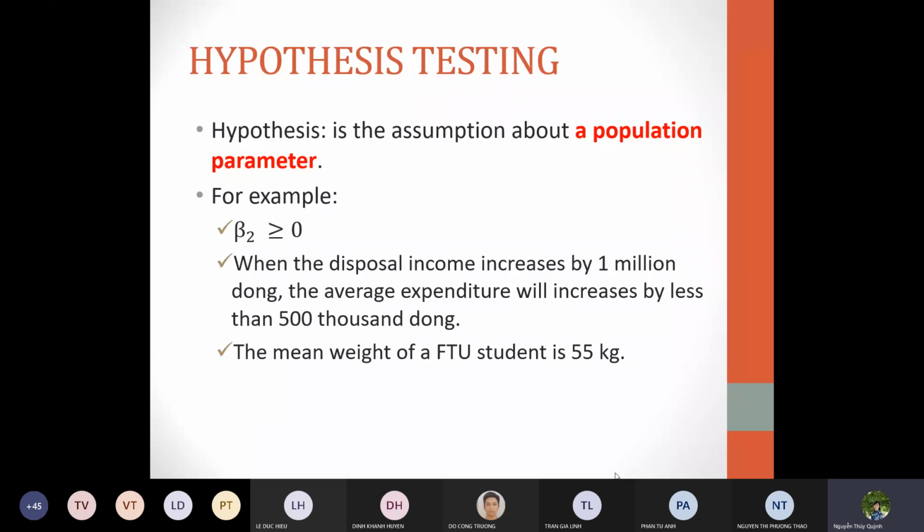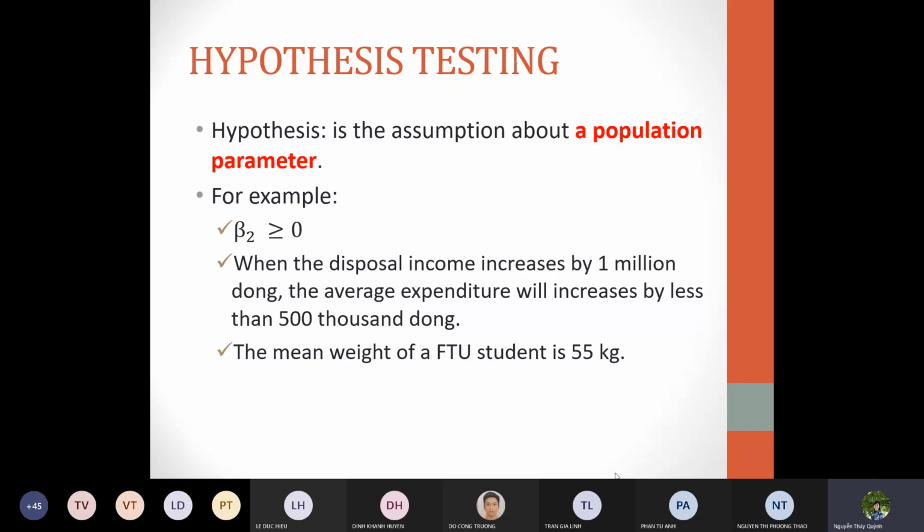For example, we believe that the regression coefficient beta 2 might be greater than 0. Or we believe that when disposable income increases by $1 million, the average expenditure will increase by less than 5,000 dong.